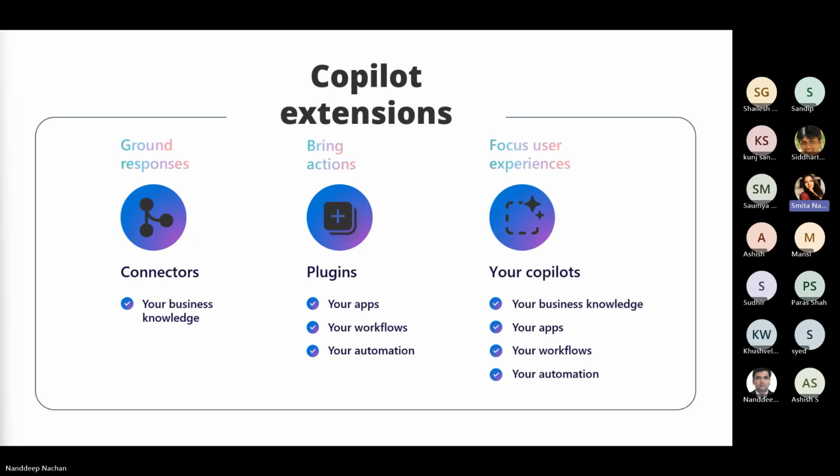So the purpose of it, this category represents the customized Copilot tailored to provide a focused user experience that aligns with the specific organizational needs. About its functionality, the custom Copilots incorporate the organization's unique business knowledge, apps, as well as the workflow and automation to create a highly relevant and personalized assistant.